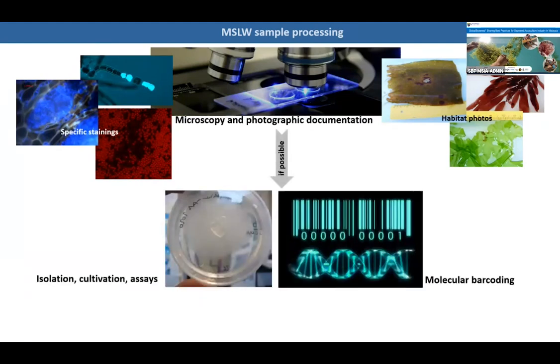However, this might not always be possible or might be difficult. For example, if the sample has not been stored in the right buffer, and if the pathogen density is very low and so on. Additionally, we can also try isolation, cultivation, and reinfections of putative pathogens.